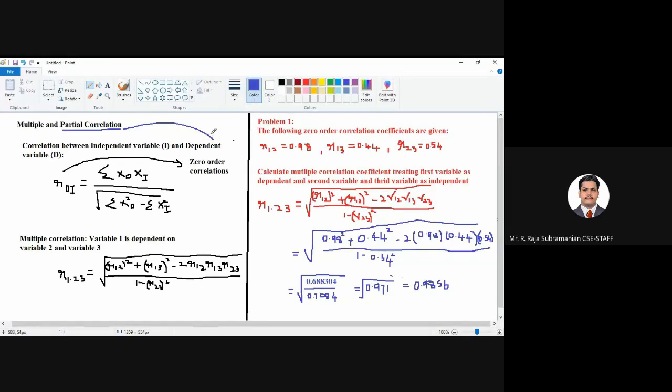For example, if rainfall is to be predicted using temperature and humidity, the dependent variable is rainfall and the independent variables are temperature and humidity.